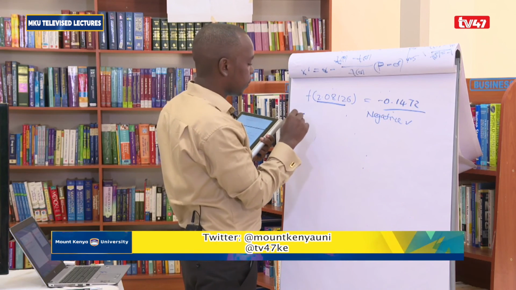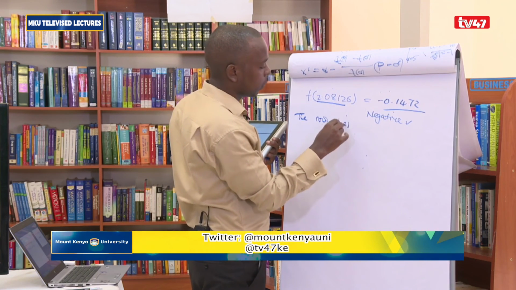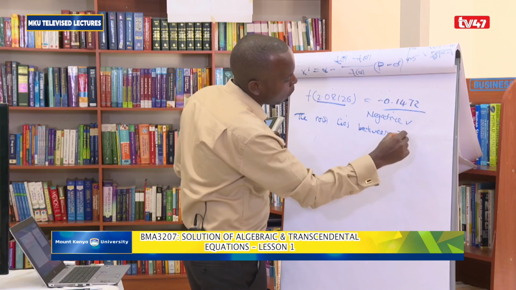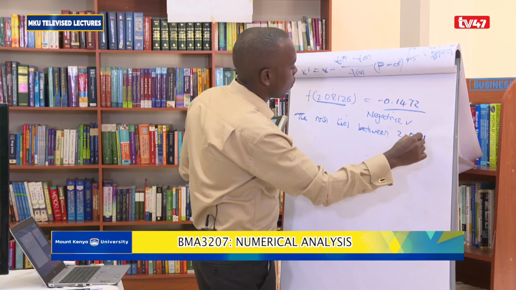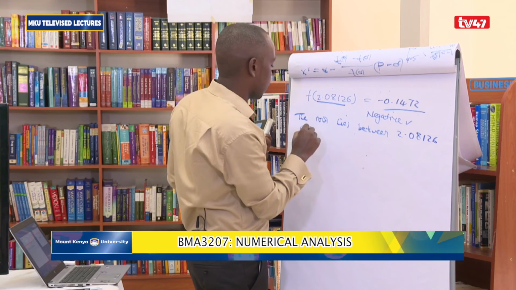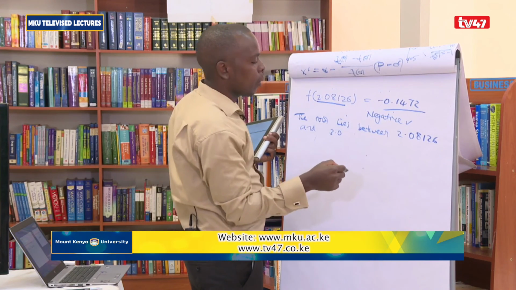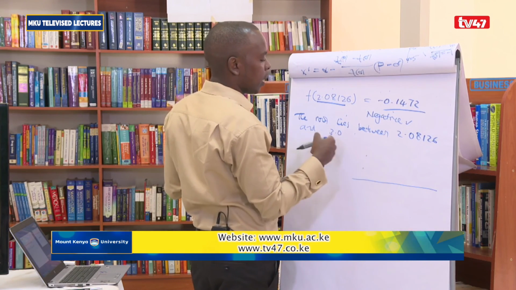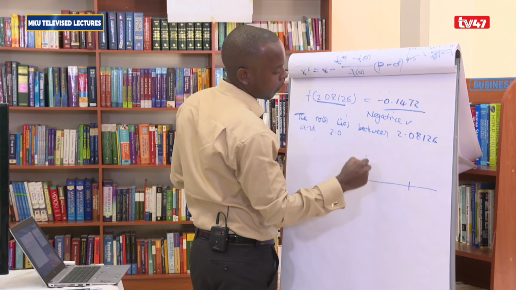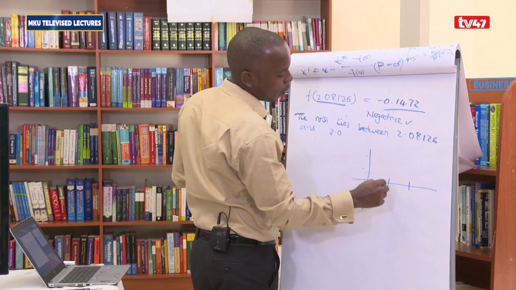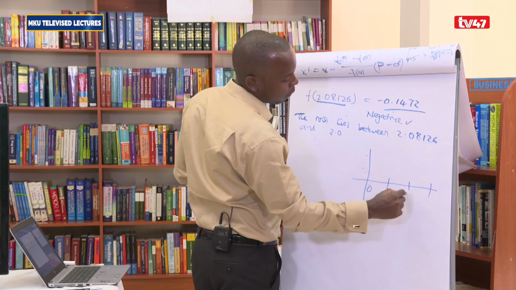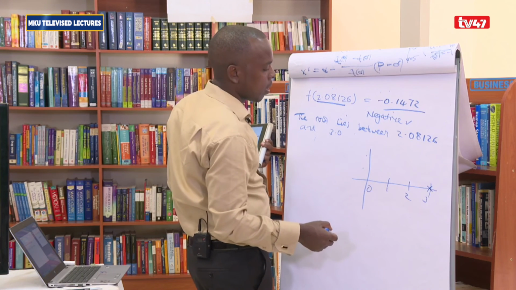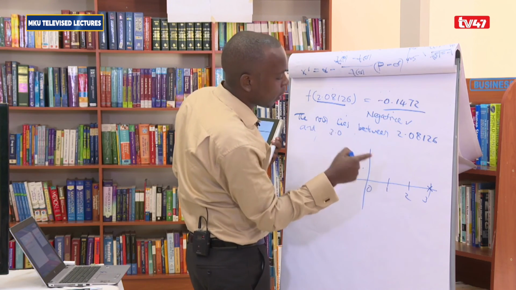And we can say that the root lies between 2.08126 and 3.0. So from our sketch, we can easily say that the interval between the two values, if this is our Cartesian plane, 0, 1, 2, 3, if this is the value of x, 2.08 is somewhere at this point.